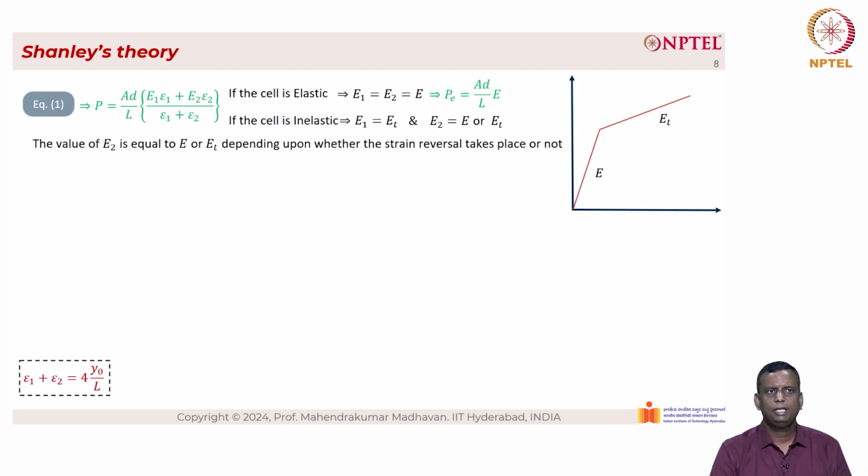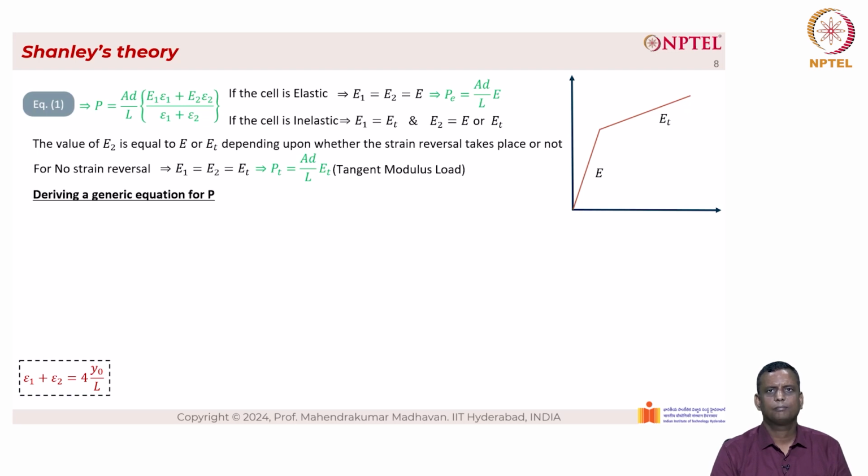The value of E2 is equal to E or E sub T depending upon whether the strain reversal takes place or not. For no strain reversal, E1 equal to E2 equal to E sub T, which gives rise to the tangent modulus load P sub T equal to AD by L into E sub T.